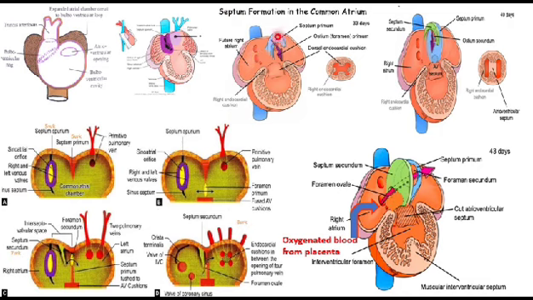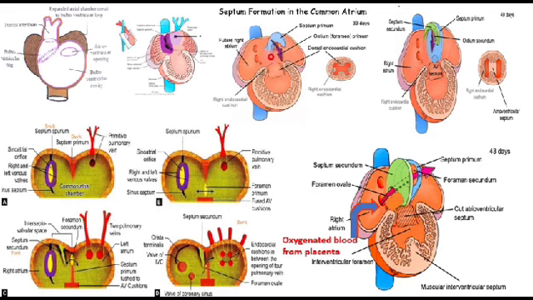So at first the caudal edge, here you can see, of the septum primum is free and concave, and this concavity is directed ventrocaudally towards the septum intermedium. This is the septum intermedium that is being formed by the approximation of the endocardial cushions separating the common atrioventricular canal into right and left.